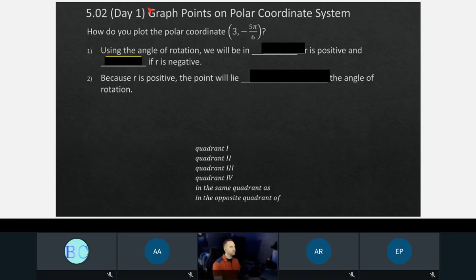Let me add those words in because it cut it off. If R is positive, and blank if R is negative.